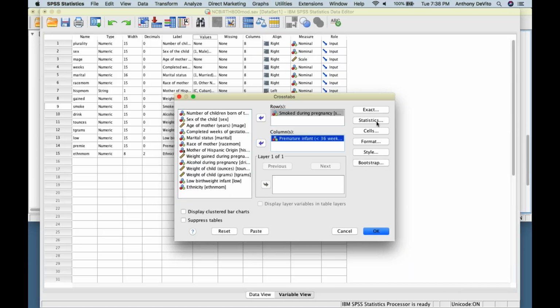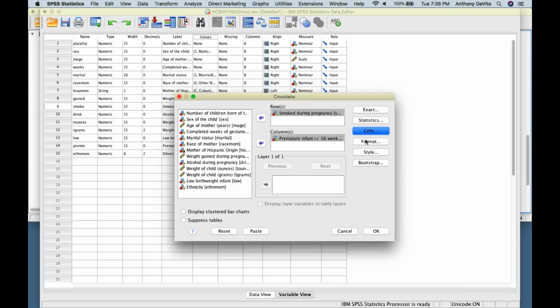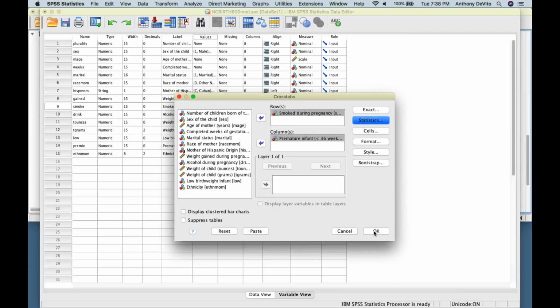I'm going to go into cells, and I want to see the observed values and percentages by rows. I'm going to click continue, and go into statistics. I want to find out chi-square and risk ratios. I'm going to click OK.